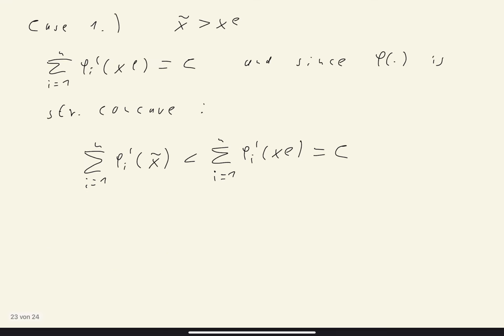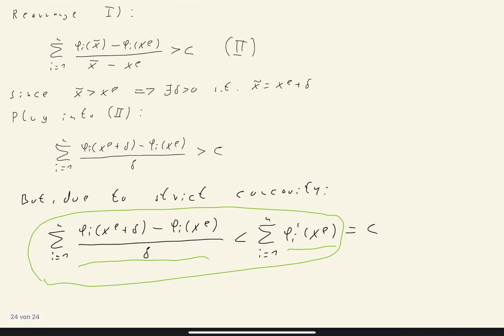Okay, so this was case 1, and now we will consider the other case, where we produce less of the public good under the tilde allocation. So this is condition 2: x tilde is now strictly smaller than xe.